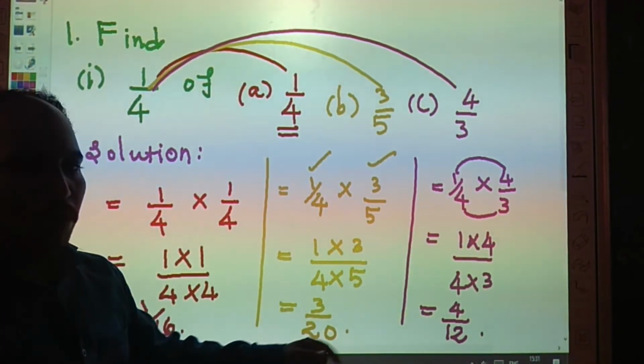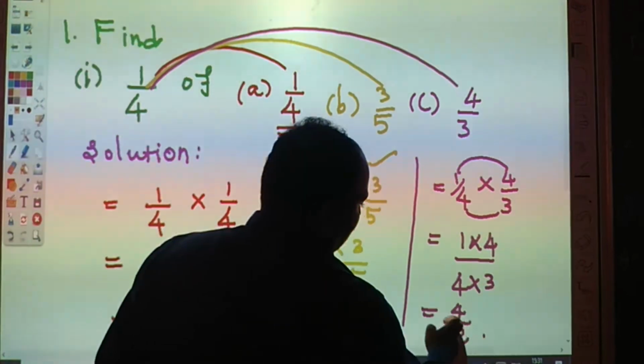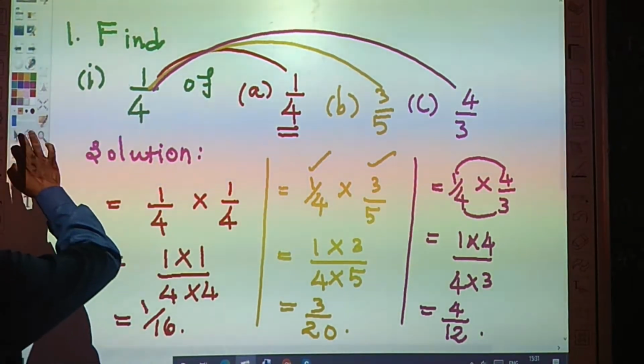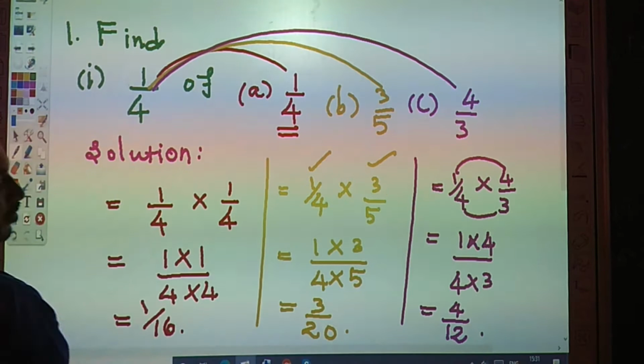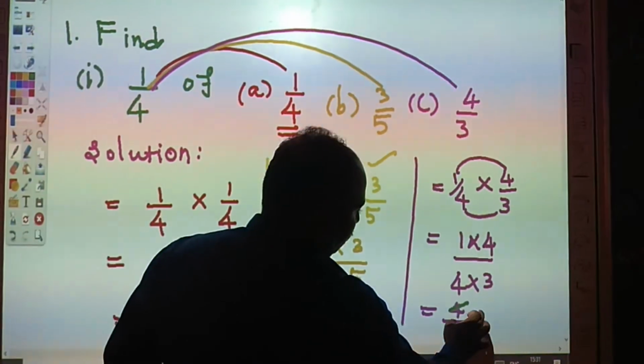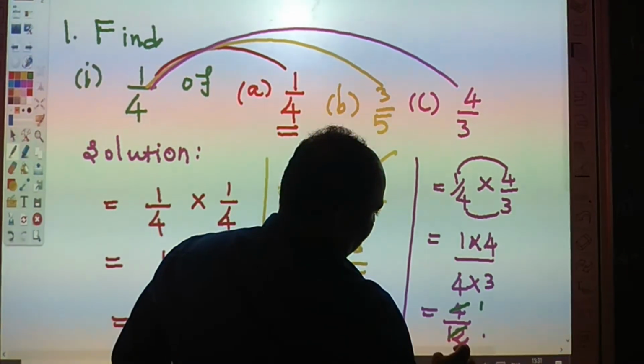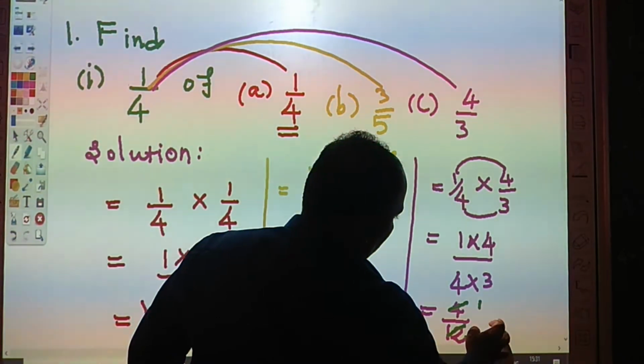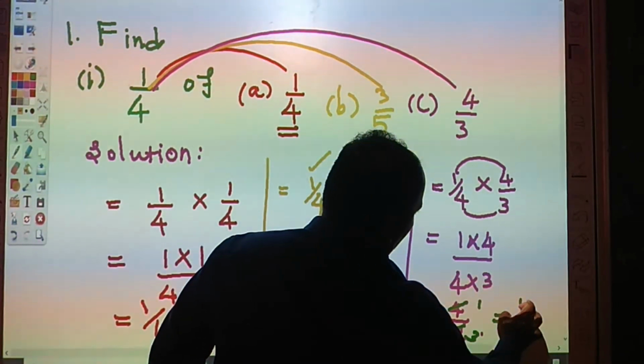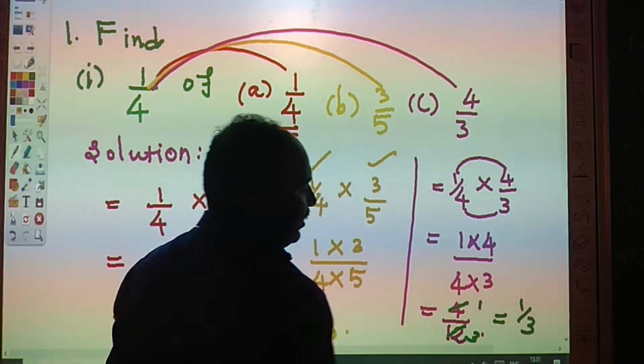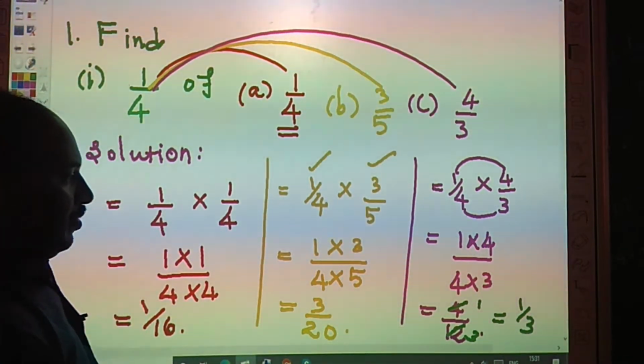Our answer is 4/12. We change it to the lowest form: 1 fours are 4, 3 fours are 12. So our answer is 1/3.